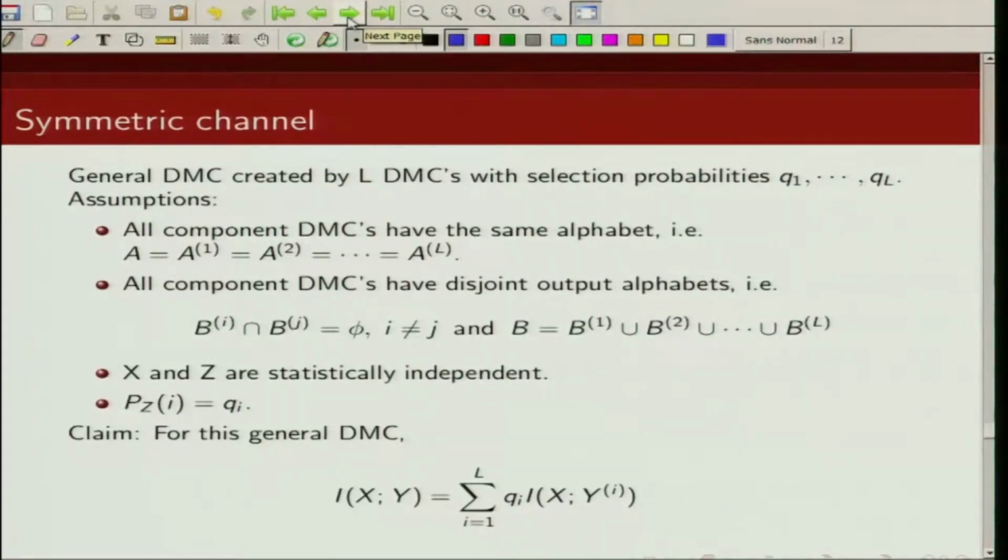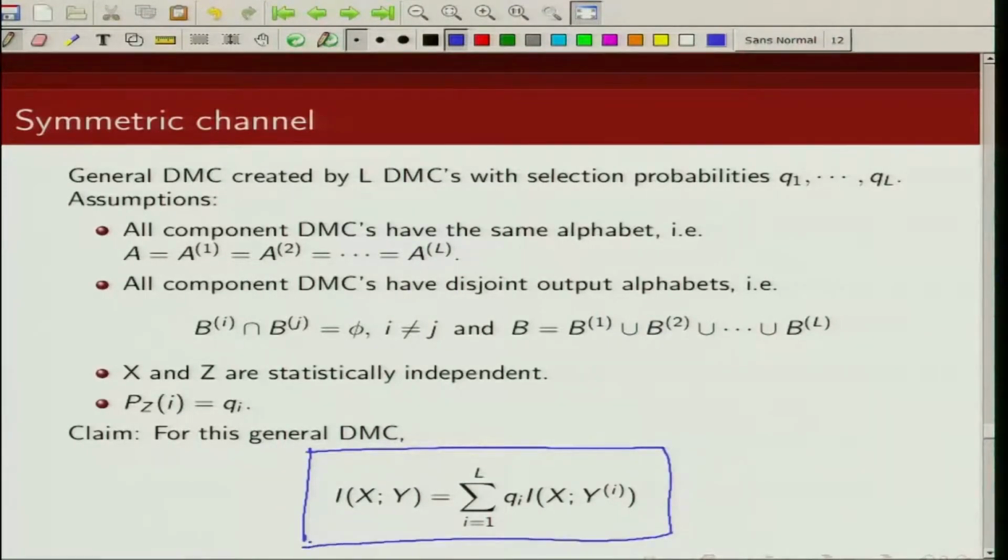Now, the claim I am making is that the mutual information between the input X and output Y can be written in terms of the mutual information of these individual channels, and this is the expression relating the mutual information between the input of this channel and the output of the channel.